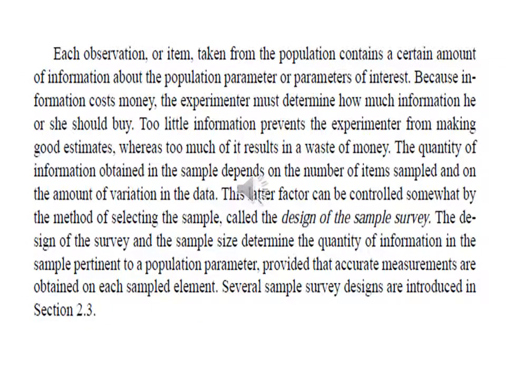Each observation or item taken from the population contains a certain amount of information about the population parameter or parameters of interest. Because information costs money, the experimenter must determine how much information he or she should buy. Too little information prevents the experimenter from making good estimates, whereas too much of it results in a waste of money.